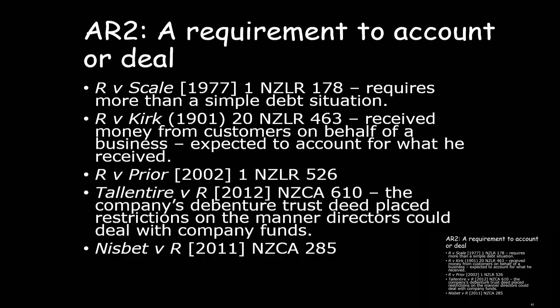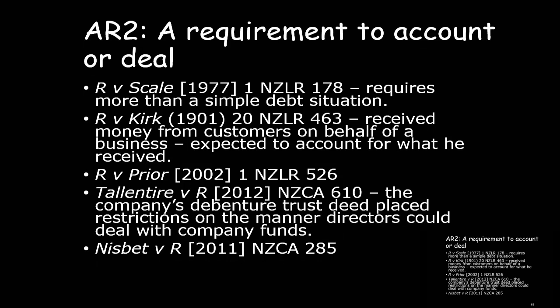Now, this could give rise to a civil situation where you try and pull that money back, but they had to consider whether or not there was theft in a special relationship. And the court said not every single time that the company directors handle the money is going to be covered by Section 220.